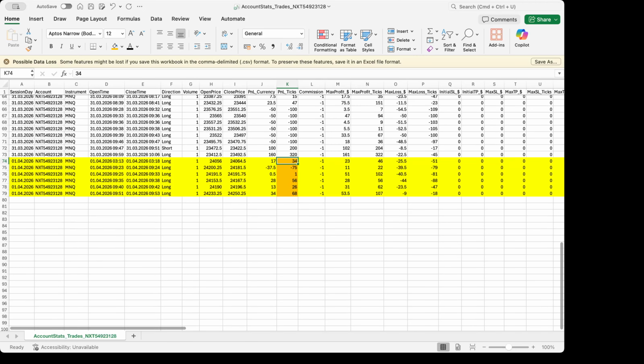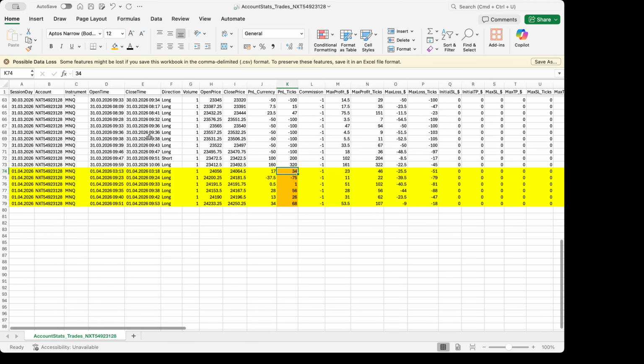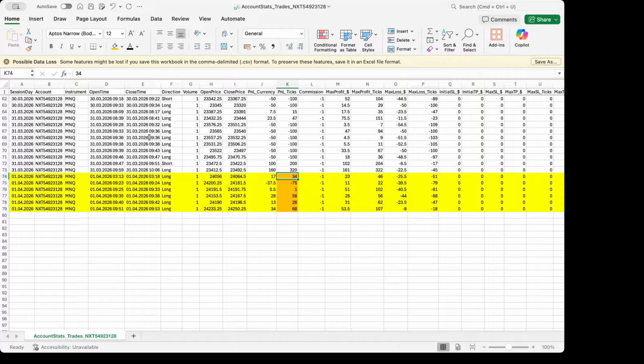By the way, that Excel sheet is actually being written automatically by my account statistics indicator. With every trade which is closing, it's adding a line here with the latest trade.